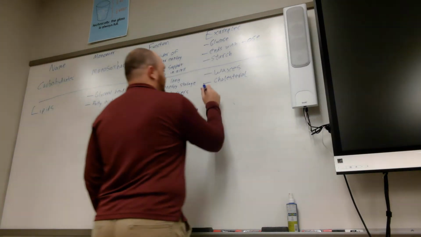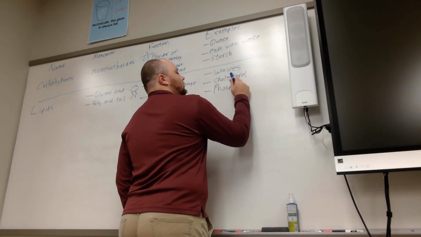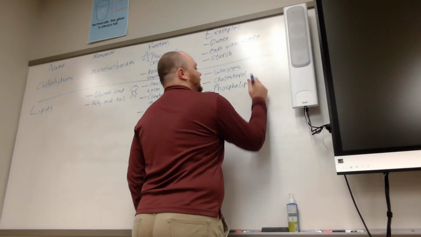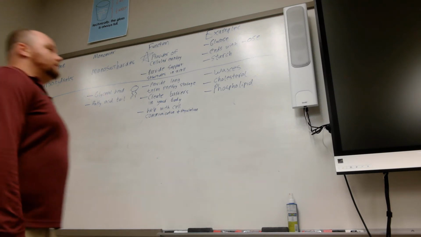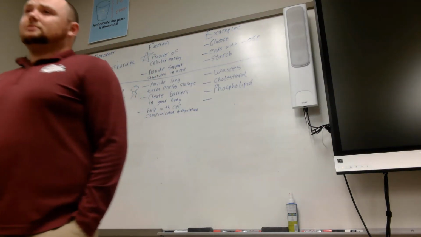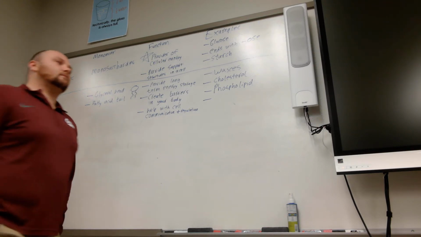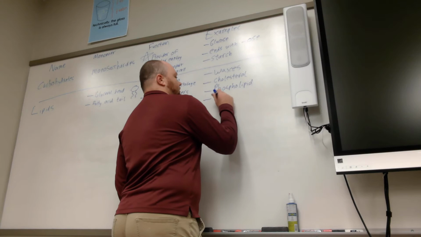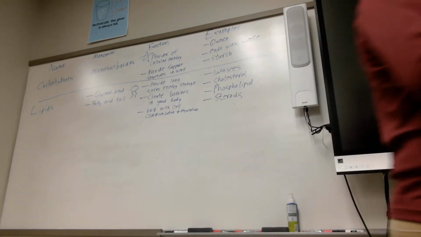Like we talked about with the phospholipid bilayer, okay? Phospholipid basically just means it's a lipid with some phosphorus attached to it, okay? And then other ones that you guys have probably heard of, and you would probably associate more with proteins than with lipids, due to the fact that we think this is how they work, but in fact, steroids are lipids. Okay?